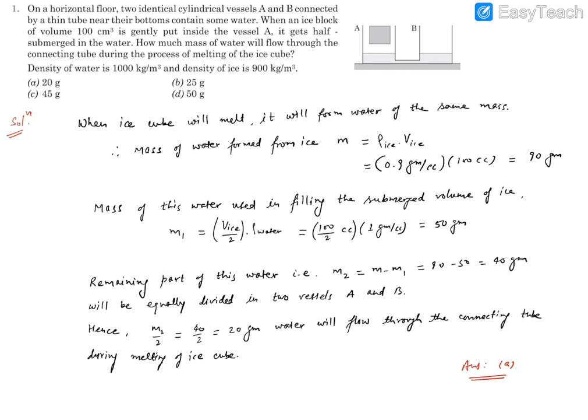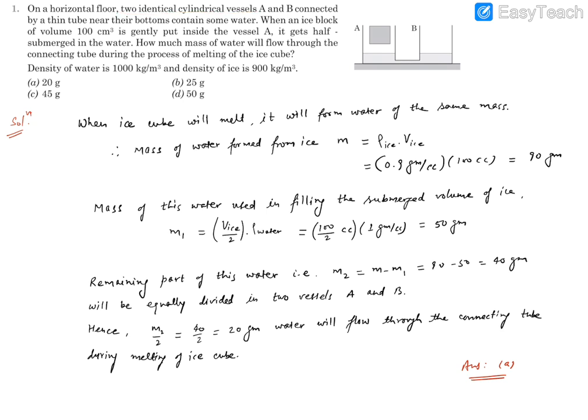Now this 40 gram of water is going to be distributed in such a manner that again the level will remain the same. So you will find if in one branch you have an extra volume of water, it will be equally divided into the two branches because it has to maintain the same level, and because we know the two vessels are identical.